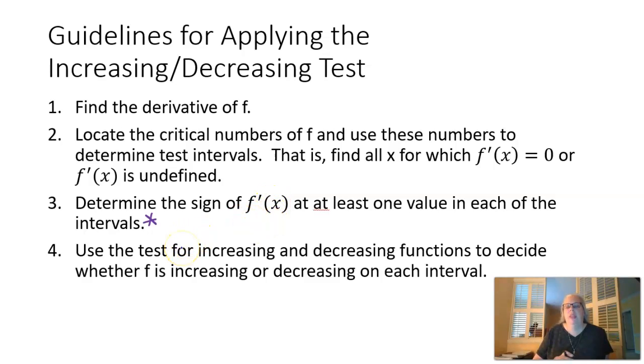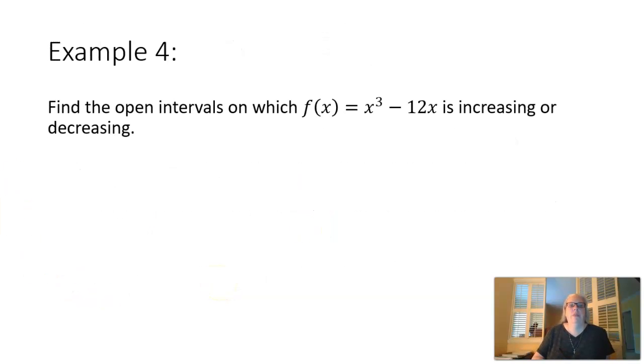And then if that number returns a positive value, then when we use the test for increasing and decreasing, we know that it's going to be increasing. And if it returns a negative value, then our test is going to tell us that the function is actually decreasing at that place. Okay? Alright, so let's go ahead and try one.